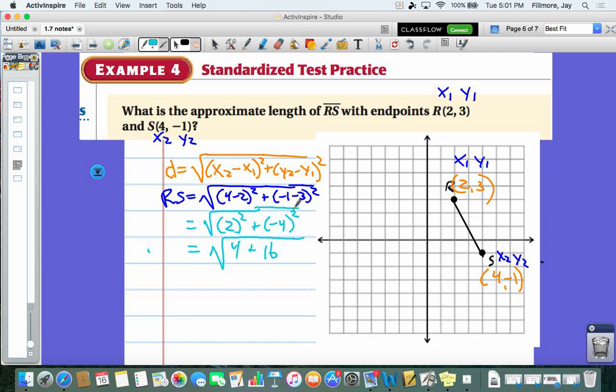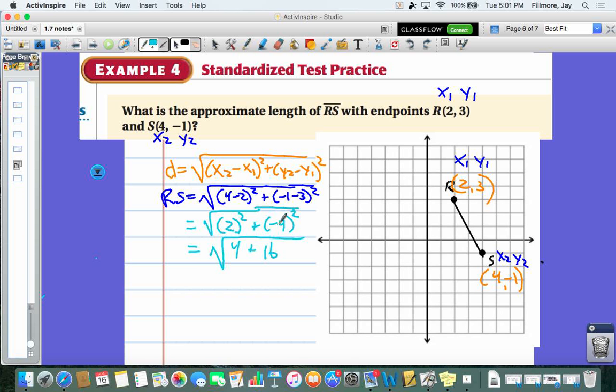Remember, when you square something, it's something times itself. Well, if you do -4 times -4, a negative times a negative is +16. Your calculator, if you don't put your parentheses, it's going to think you're doing -4 times 4, so -16, which is wrong.